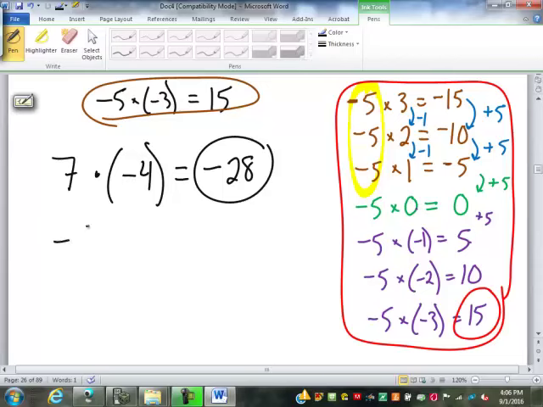If I have negative 5 times 8, a negative times a positive is still a negative. Good. Now that I've determined that my answer is negative, I can ignore all the negatives and just multiply the numbers. What's 5 times 8? 40. Good.